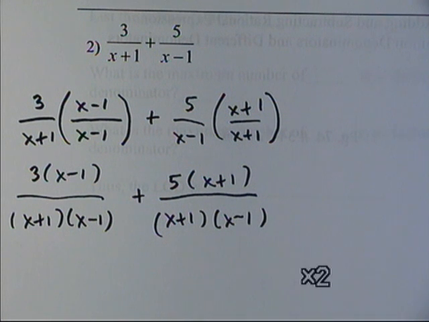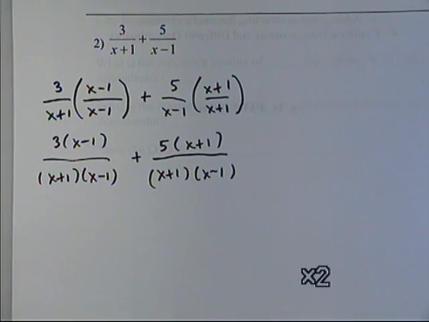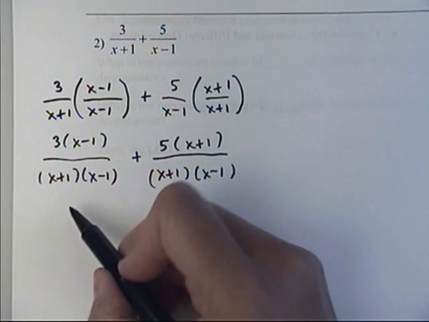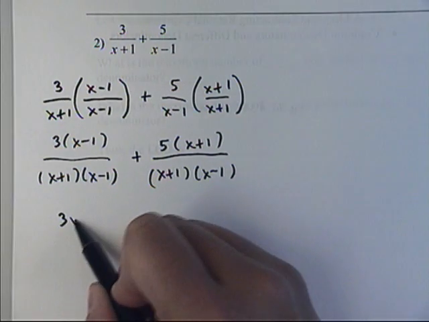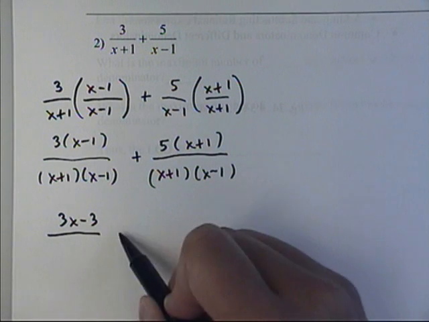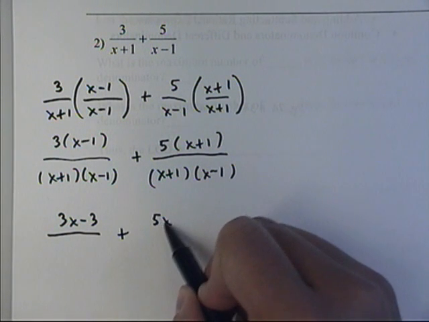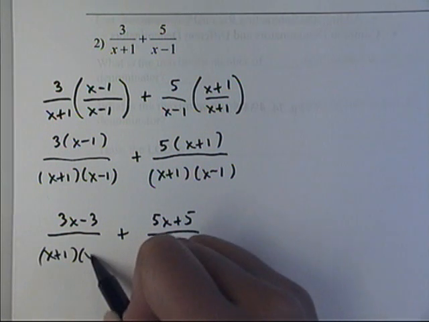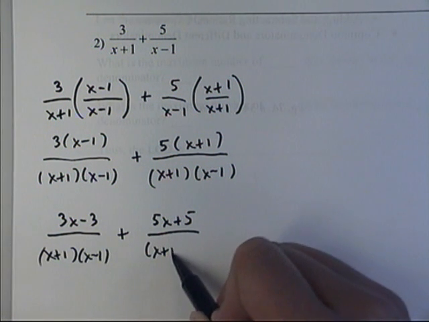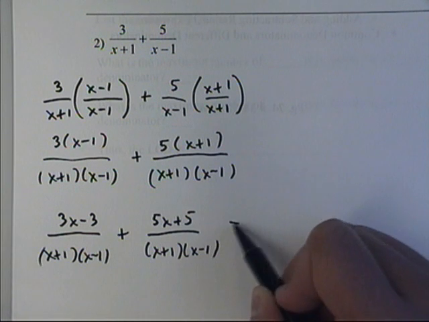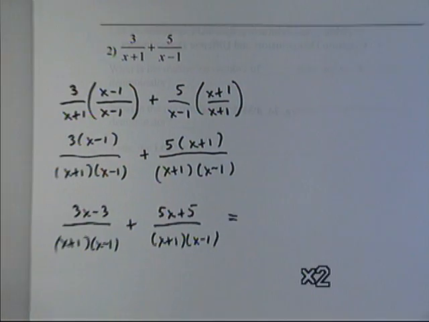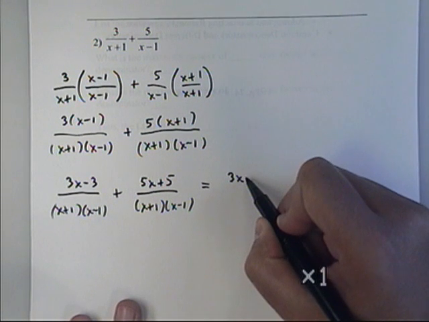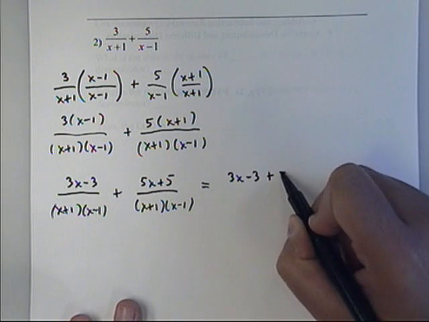All right, now I can combine the fractions. Well, I'm going to add this part here, which is 3x minus 3, to this part here, which is 5x plus 5. So that would be this.